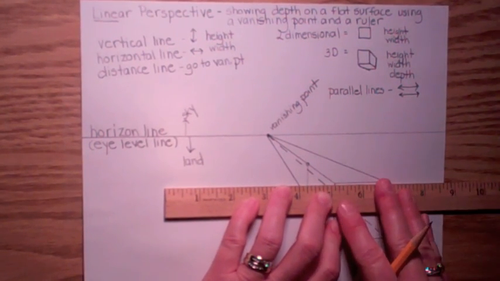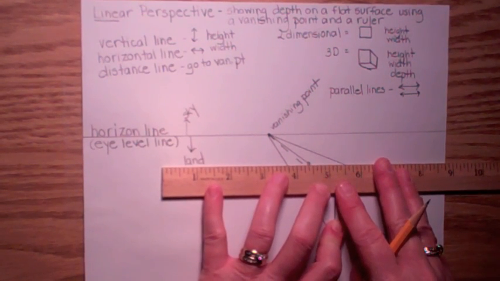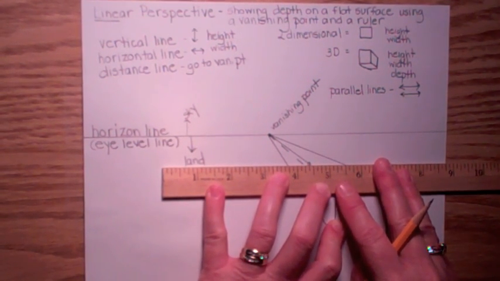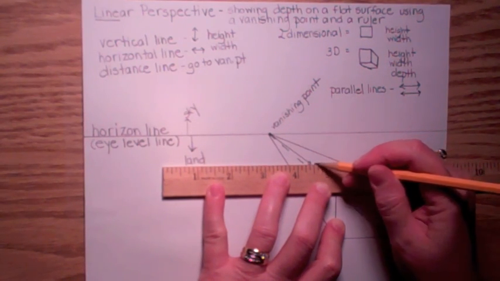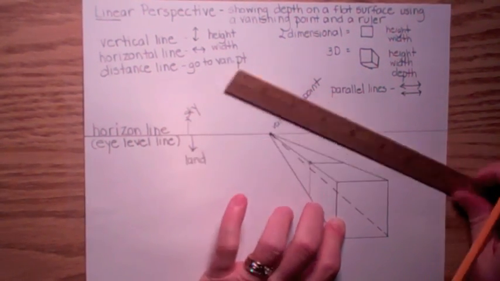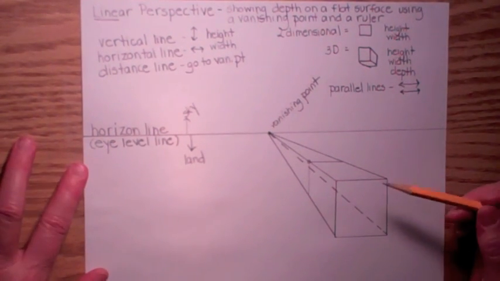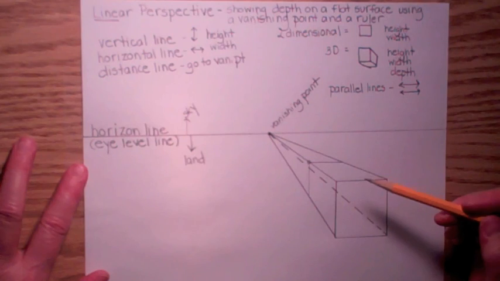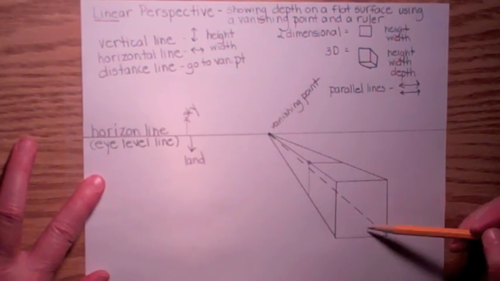So I'm going to keep my ruler horizontal, and I'm going to move it up until it intersects with the end of the line that I just drew. And I'm going to connect it with a ruler line, the top distance line to the middle distance line. And here's my box. If you were drawing a solid box, this would be all you would do, because you would see the top, you would see the side, and you would see the end.